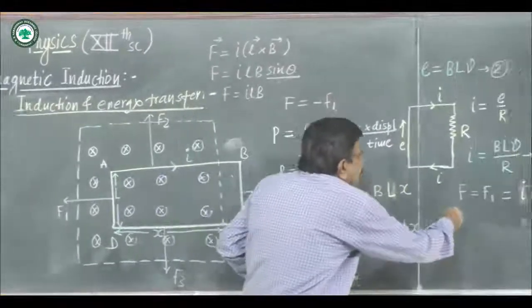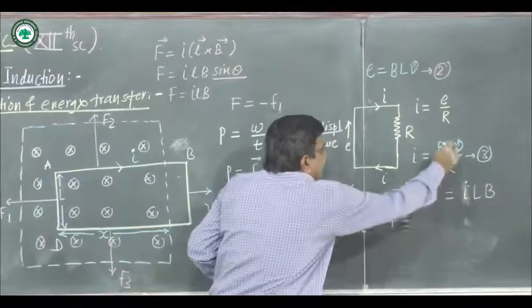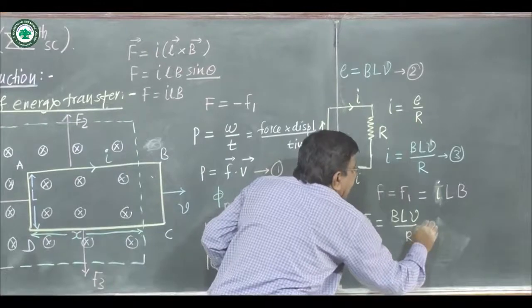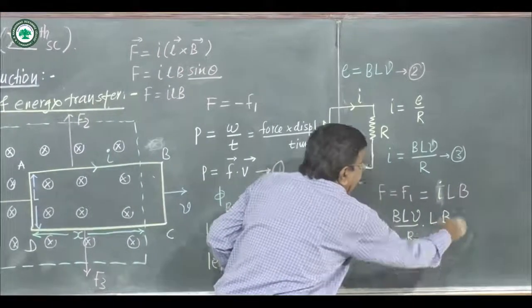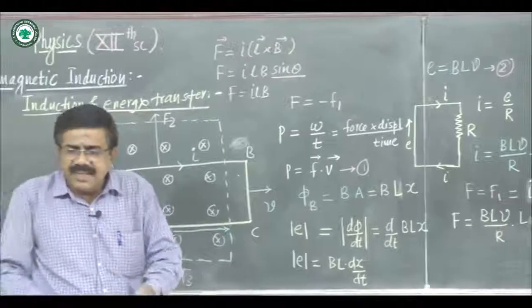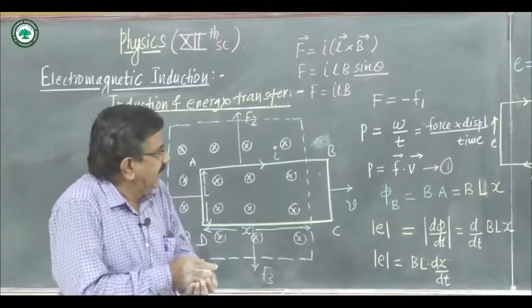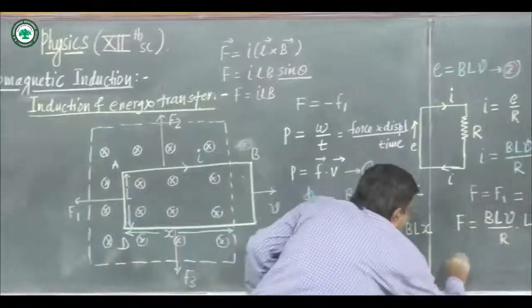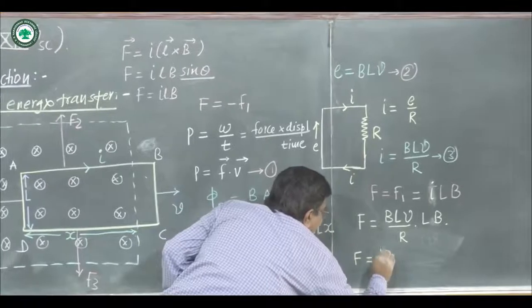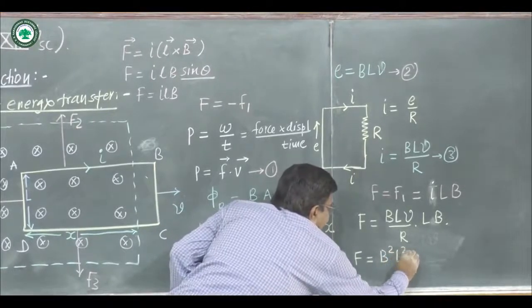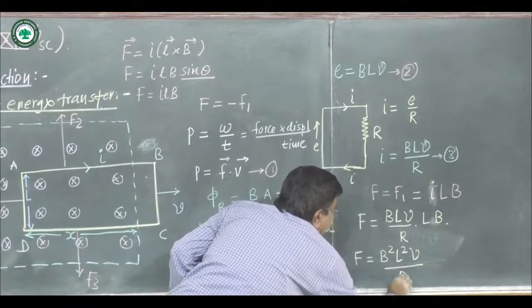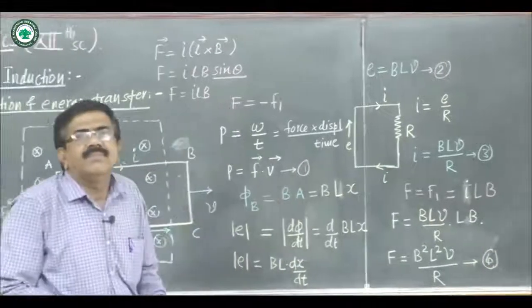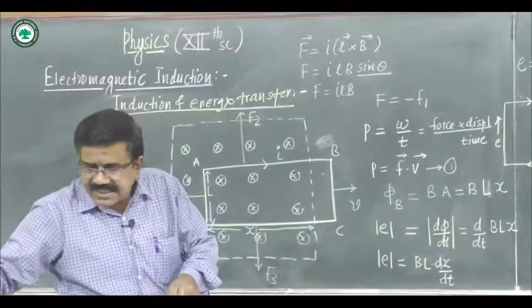So F is BLV upon R into LB, or it is B square L square V upon R. Suppose this is equation 4. Very simple equation.